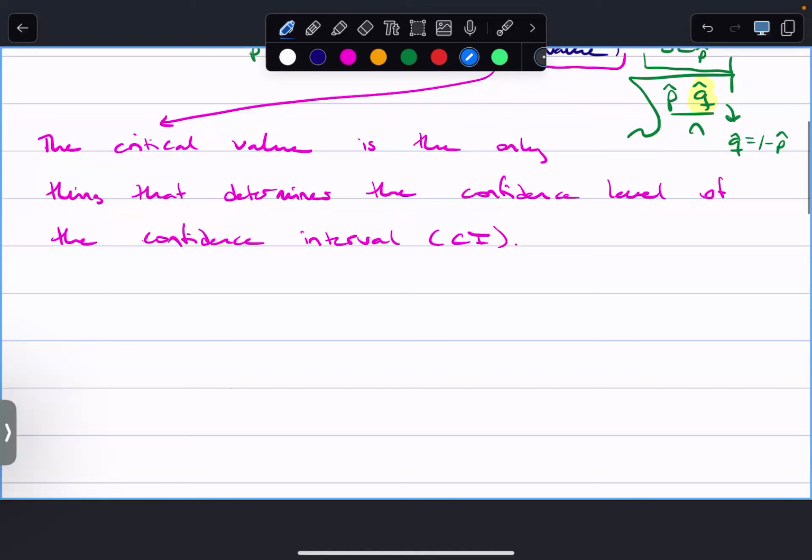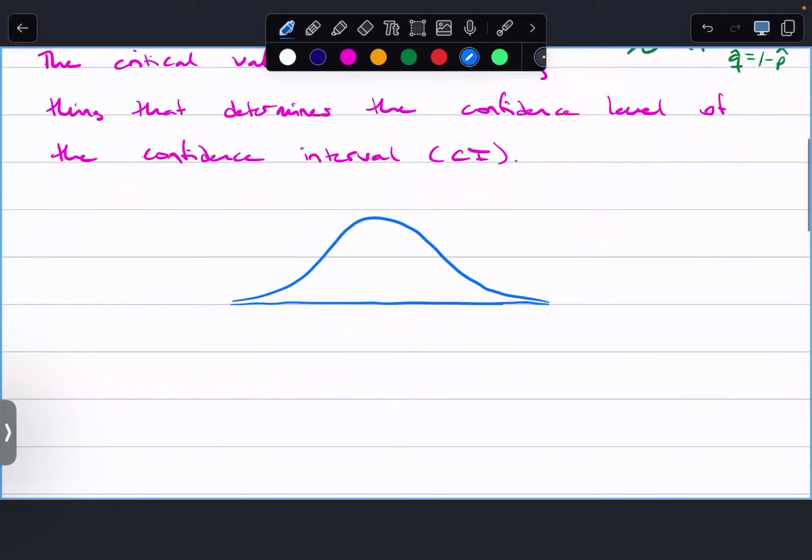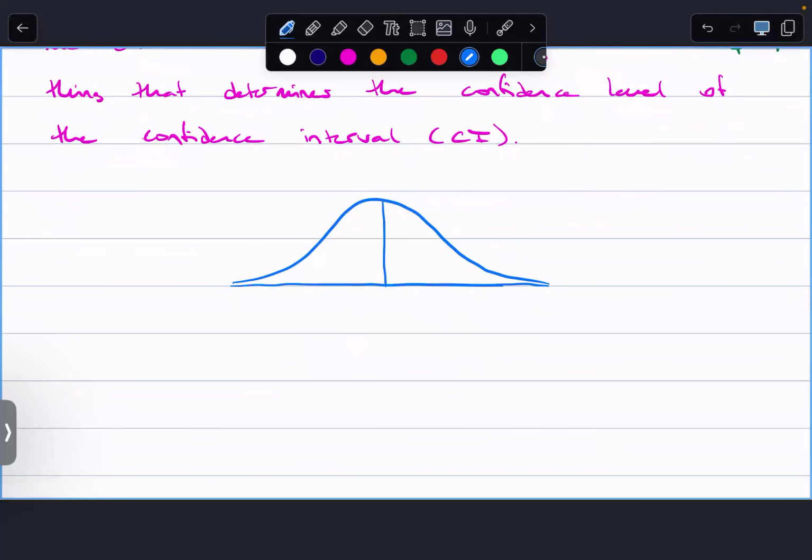So what we're relying on is that we have this normal distribution by the central limit theorem. So that's nice. Okay, and so what can we say? Well, it's centered here on P, the population proportion, and then all our P hats are moving around here, around P, mostly hovering close to P, but it can happen that you get a small p hat or a large p hat, right?